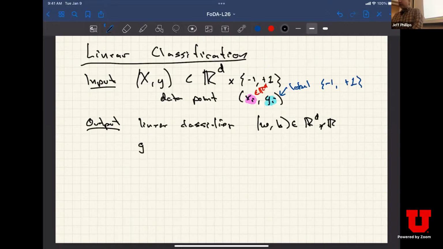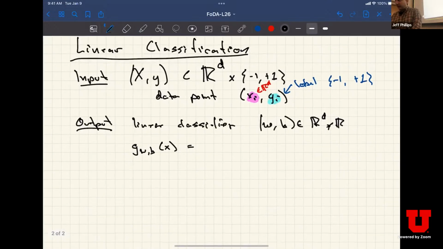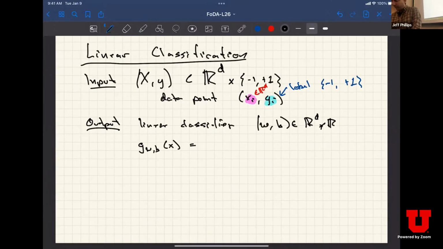But this is going to give us a function, g_{W,B}, which we're going to apply to X. This will be in the form of B plus the dot product of W and X. So it's a linear function of X, because we're just taking the dot product and doing an offset.